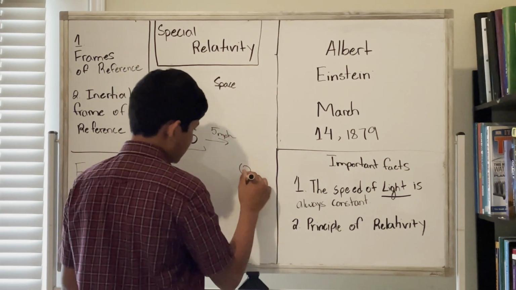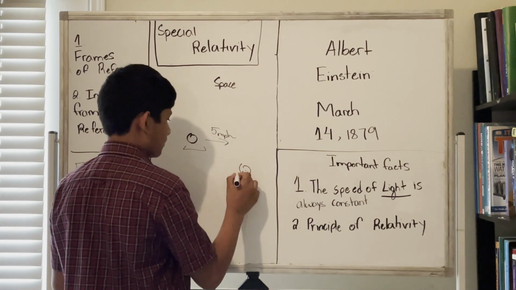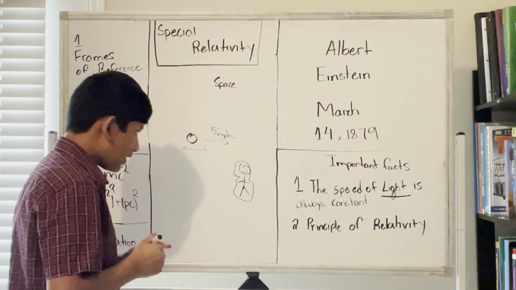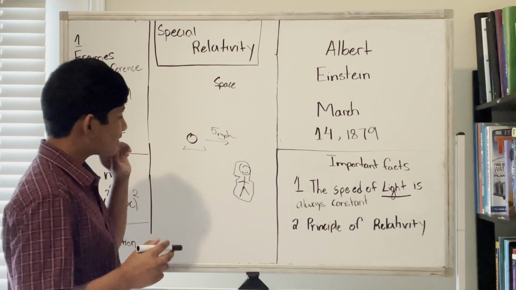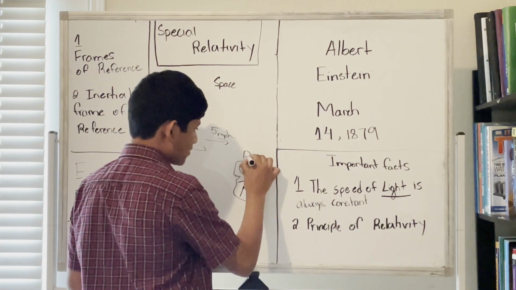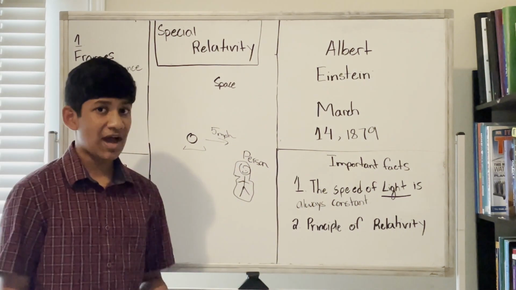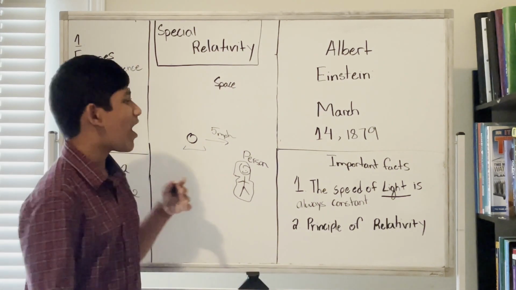And then another person is here, and they're also in space. Okay, now, as you can see, the principle of relativity states that in this person's perspective, the ball is moving at 5 miles per hour. But in the ball's perspective, the person is moving at 5 miles per hour.